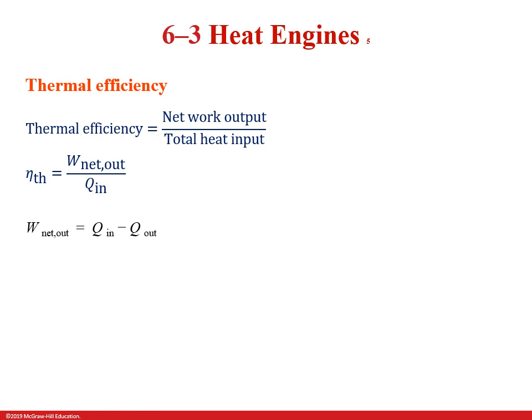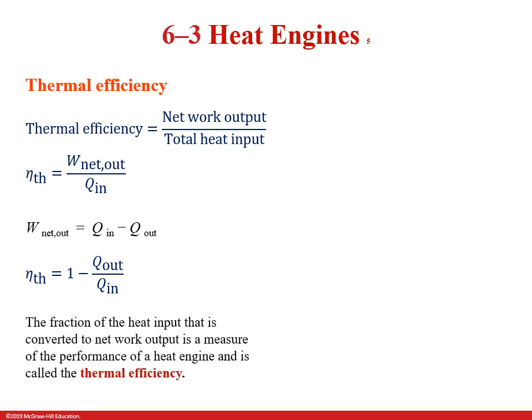And remember, the net work out is Q in minus Q out, so you can substitute in and rearrange algebraically and get an expression for thermal efficiency that's a function just of the heat in and out of the system. So if you know the heat input and you know the heat output, you can figure out what the thermal efficiency of the heat engine is. And that's what thermal efficiency is, the fraction of the heat that's basically converted into work.